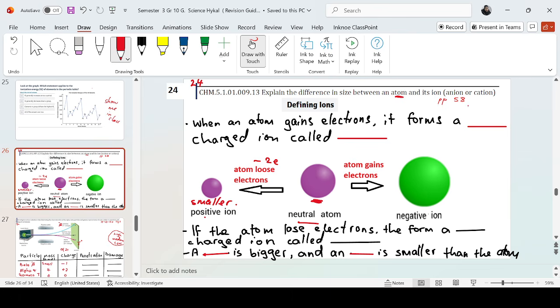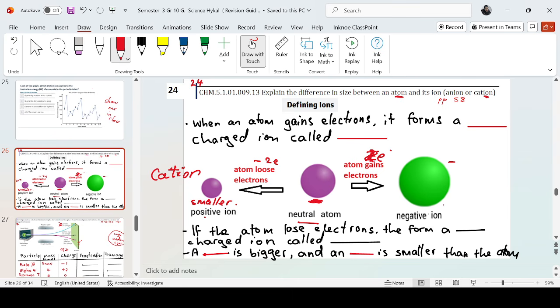The positive ion is the one they call a cation. A cation is smaller than the atom. If it gains electrons, let's say 2 electrons, the atom is negatively charged.